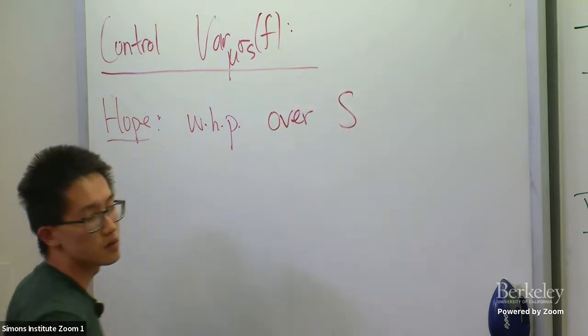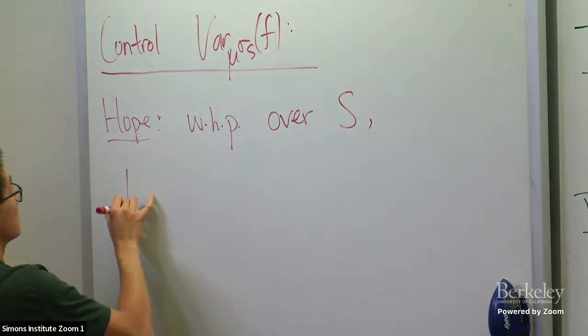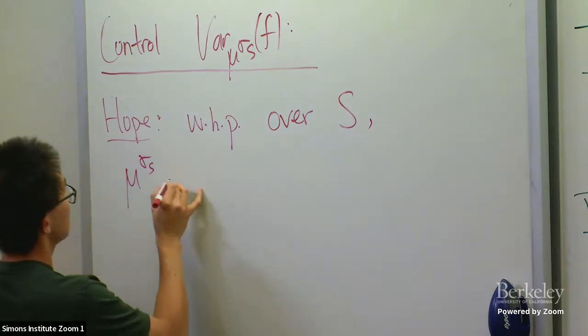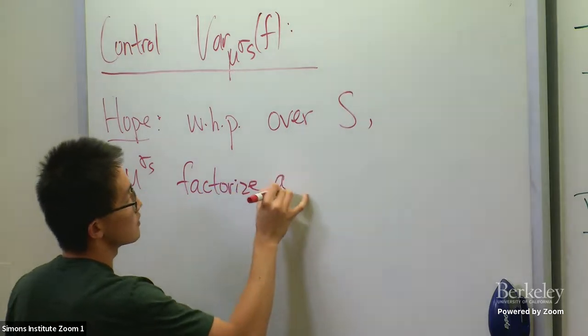The choice of the vertices S. This mu conditioned on the assignment on S is going to factorize into a product.